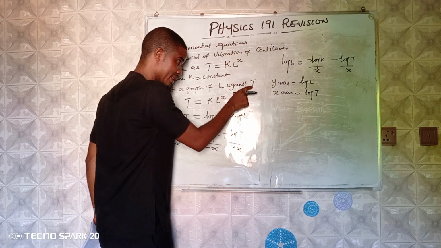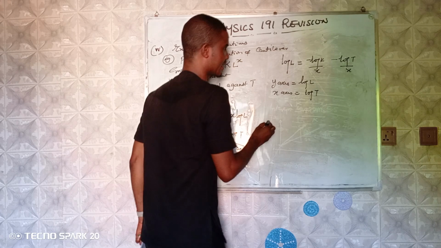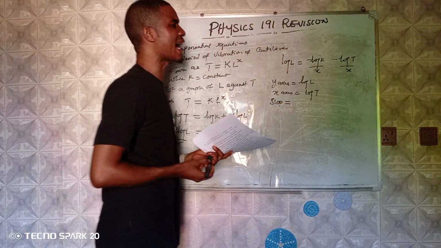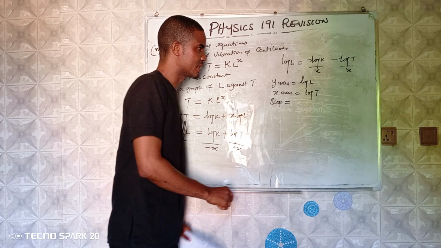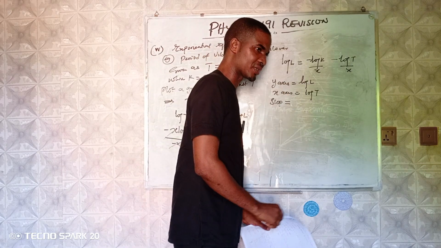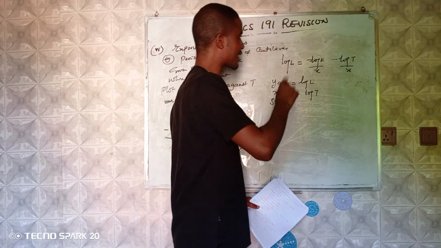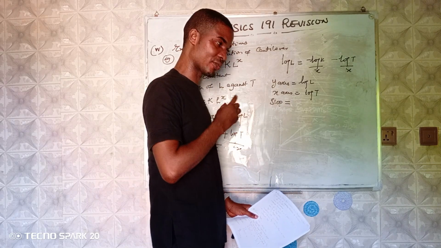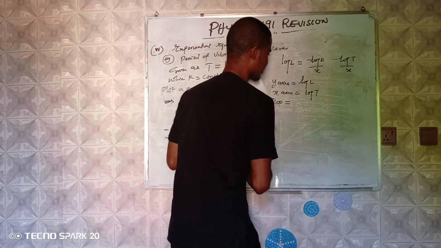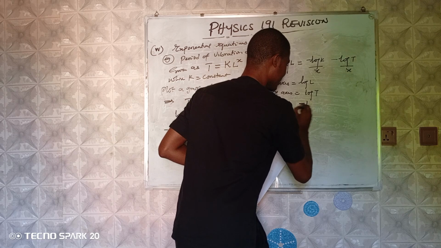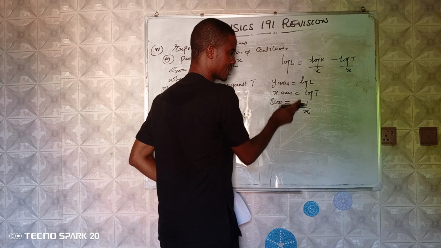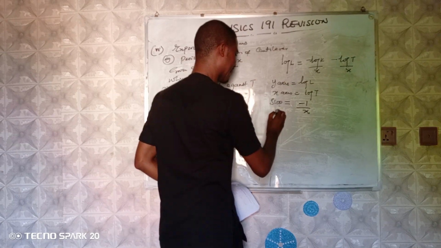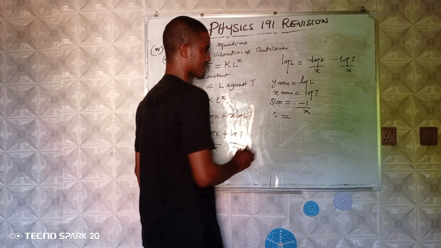Only log t will be our x-axis. Then my slope: anybody attached to the x-axis by virtue of multiplication is our slope. So I'm going to be having minus 1 over x. This times this will produce this. So that's my slope.